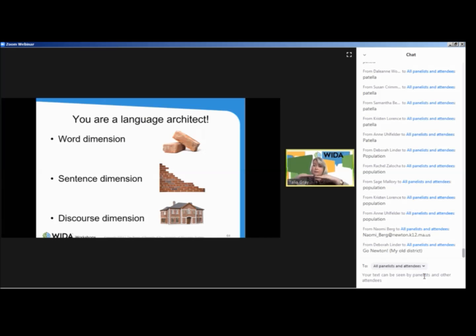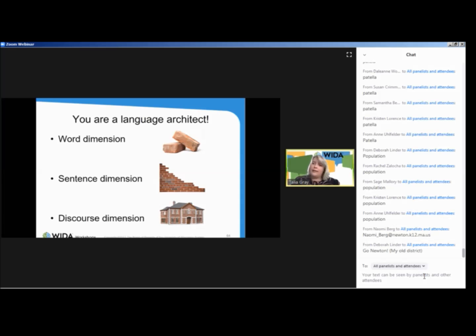I stopped at the bricks. And what I realize I have to do is give them that mortar to put the bricks together. I have to give them the materials that they need to build that house of language. They need more than just bricks. So that was a realization that I had. And I just want you to keep this graphic in mind.